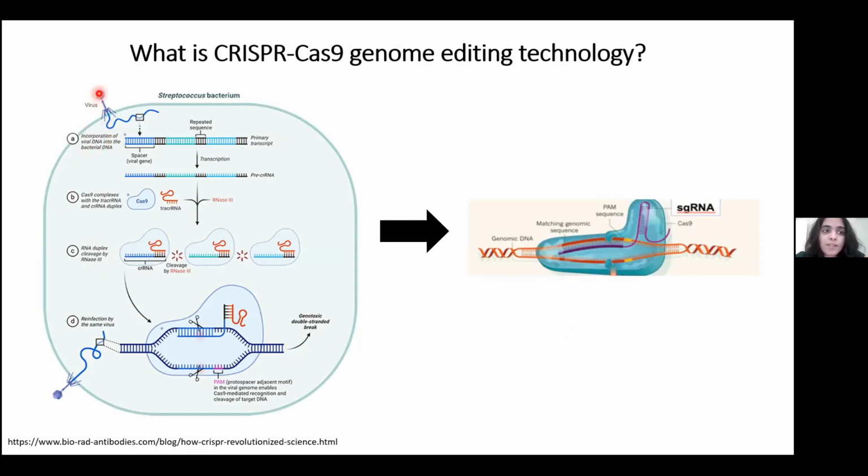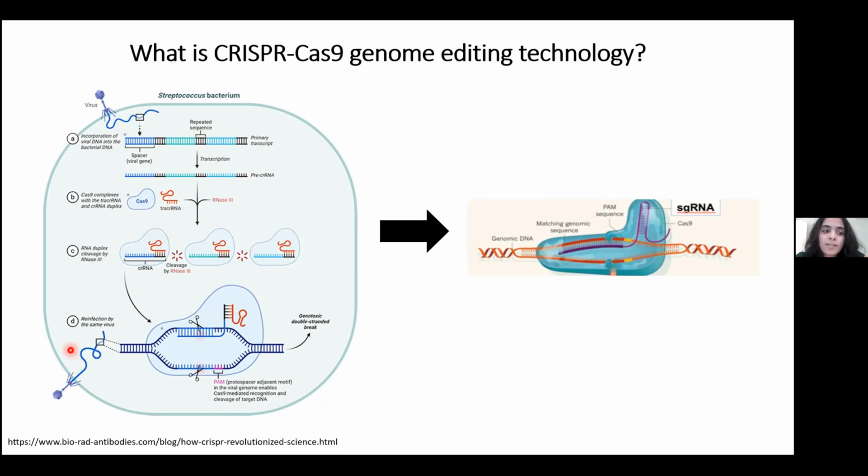So what happens is, when viruses invade bacterial cells, a part of their genome is chopped up and incorporated into the bacterial genome, and that's used to transcribe something called the tracer RNA. And you have something else called the Cas9 enzyme.